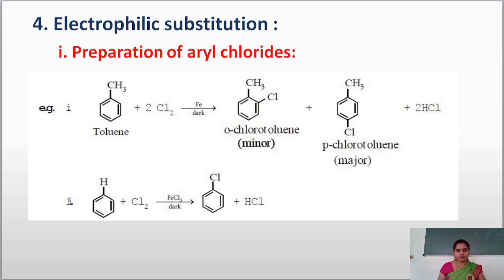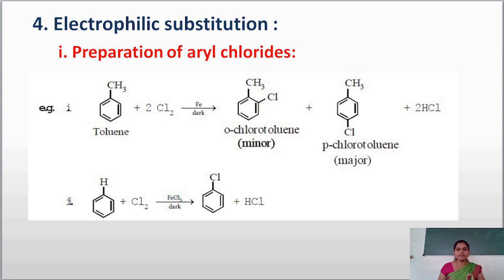First, formation of the electrophile takes place, and here Cl plus is the electrophile. This will attack the benzene ring, and therefore the carbocation is formed, and the next step is the removal of a proton, and then the formation of chlorobenzene takes place, and the byproduct of this reaction is HCl. So you all know about this reaction and how it takes place.